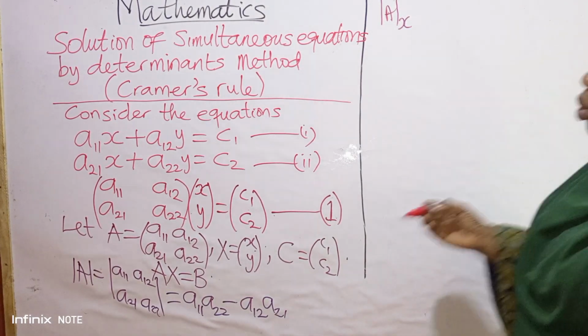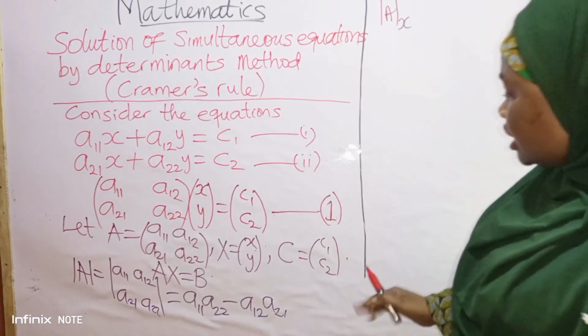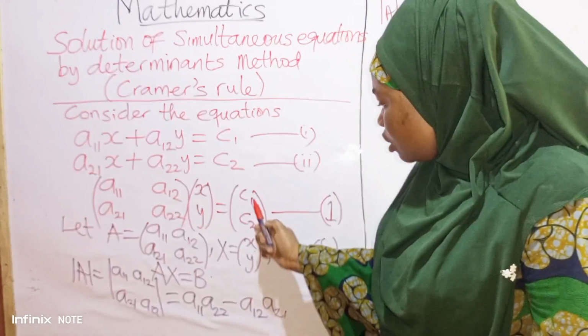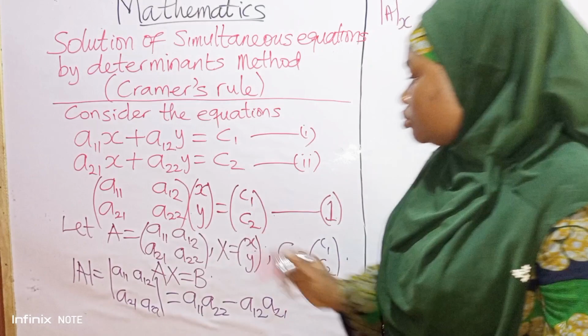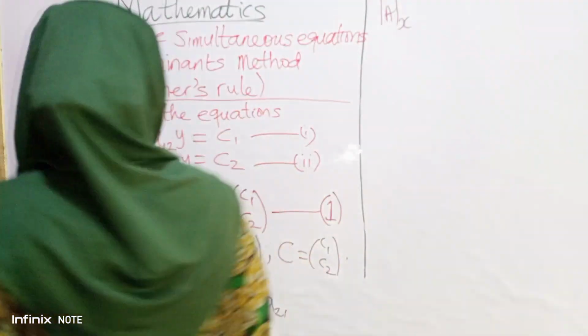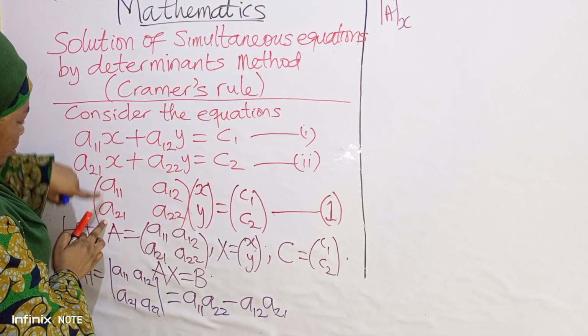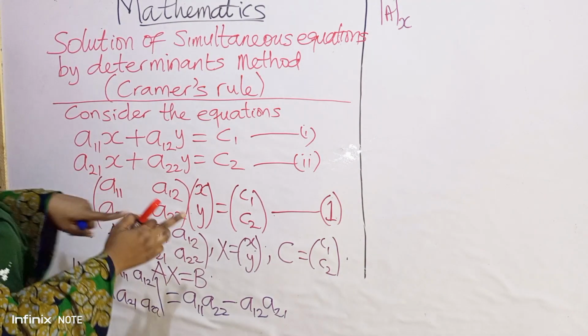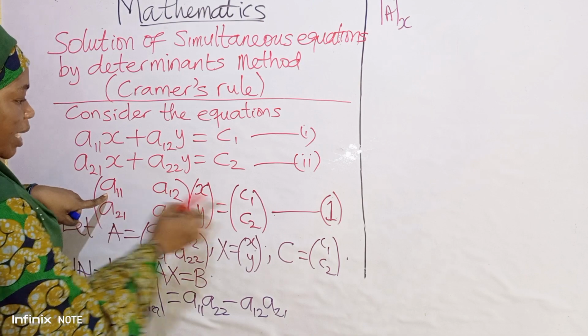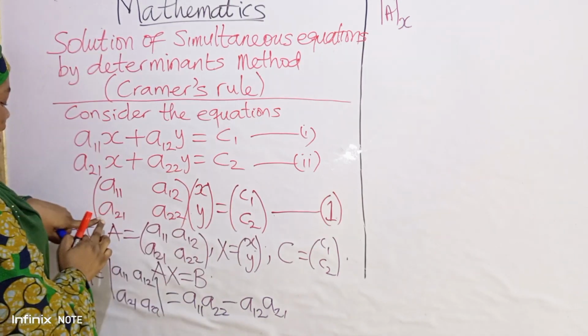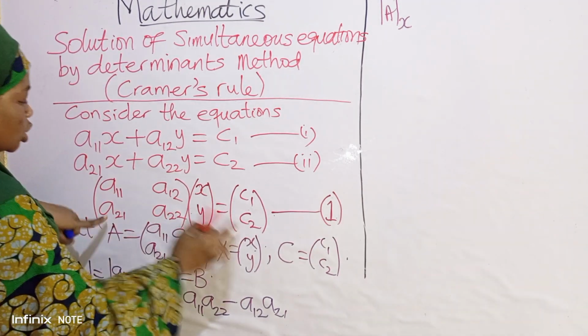How do we do that? What you are going to do is that the constants, that is c1, c2, you are going to replace the x column with them. That is, we want to replace a11 by c1, and you replace a21 by c2.